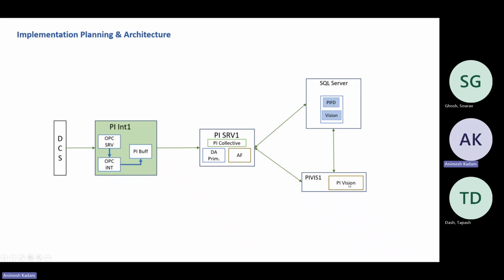So when you hit the URL, it will call the IIS. And then whenever you open a page, it will pull that information from the Pi Vision database through IIS itself. Then once you click on any tag or something, it will call the data archive or AF server.